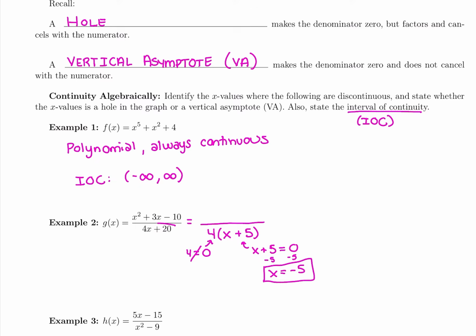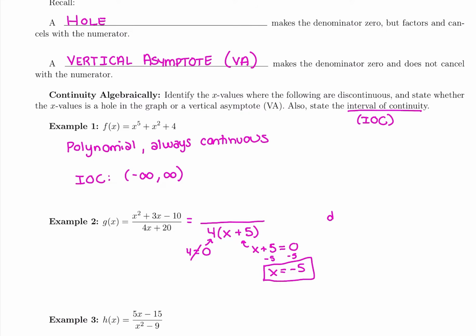You could practice by plugging into the original function. 4 times negative 5 is negative 20, plus 20 is 0. That number is definitely going to make us divide by 0. So there's our discontinuity. So we are discontinuous at x equals negative 5.